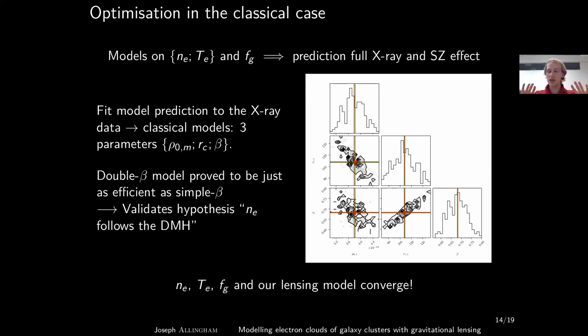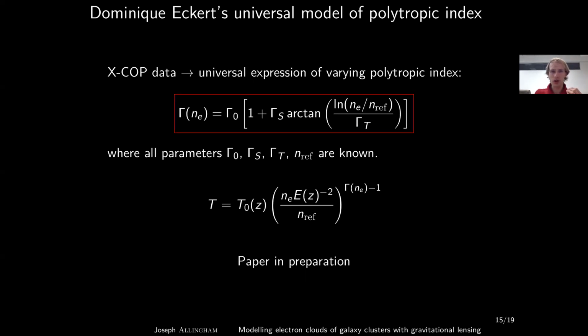The observations are matched. So one can still wonder, isn't there a way to do something better? Because we had to optimize beta, and it's a somewhat universal, but not really, parameter. The polytropic index is somewhat universally a constant, but not really.